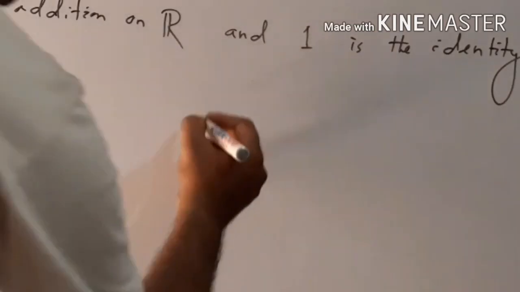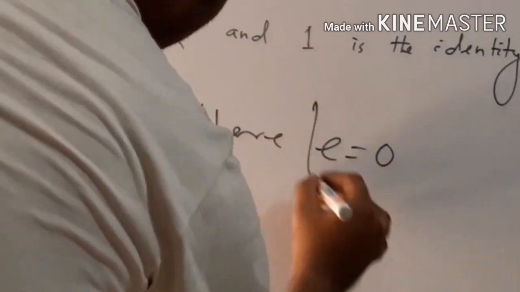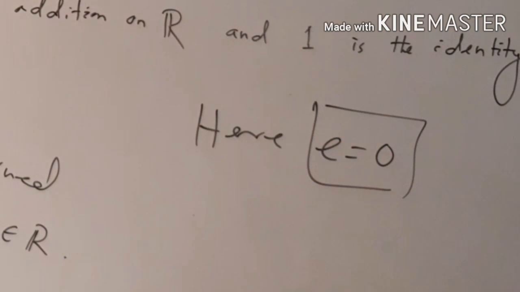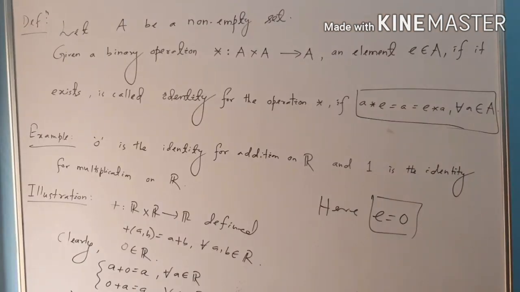Here E equal to 0. So the identity element for the addition operation on R is 0. So now we will see 1 is the identity for multiplication operation.